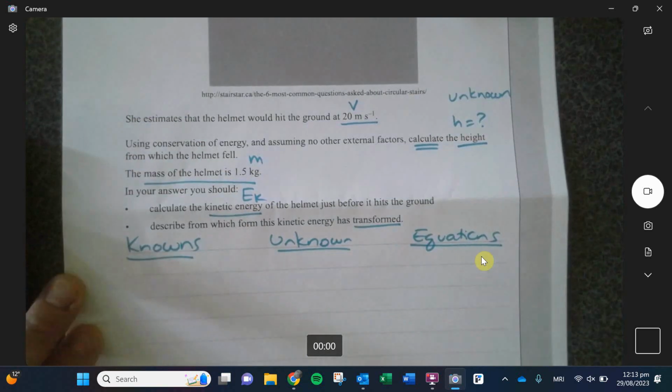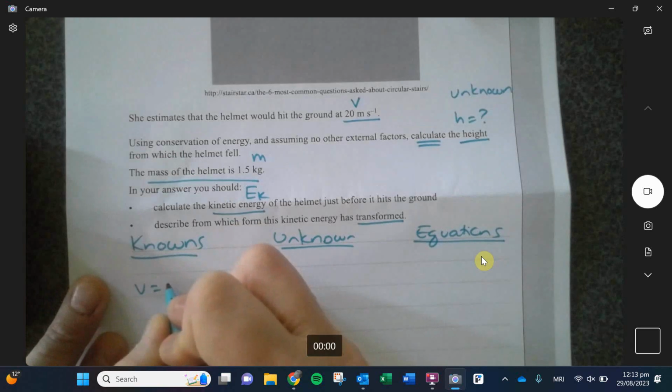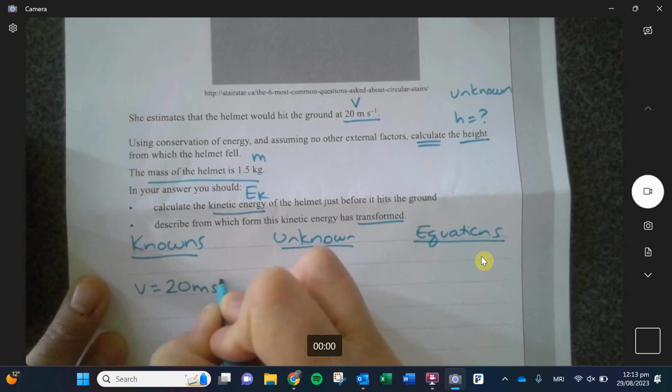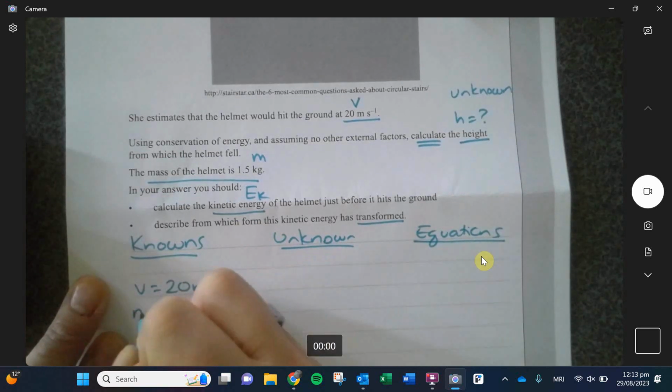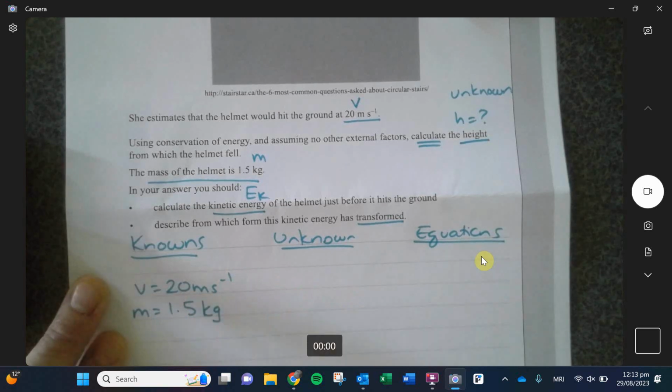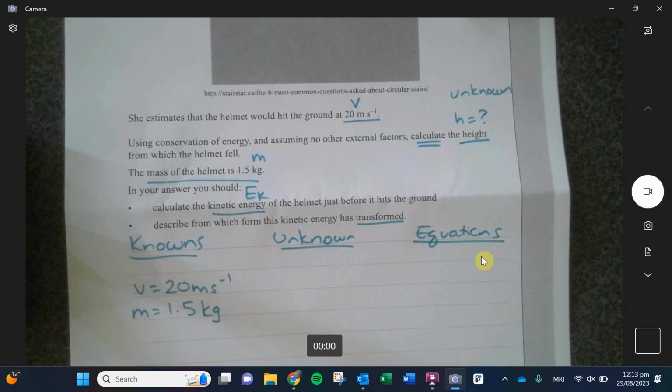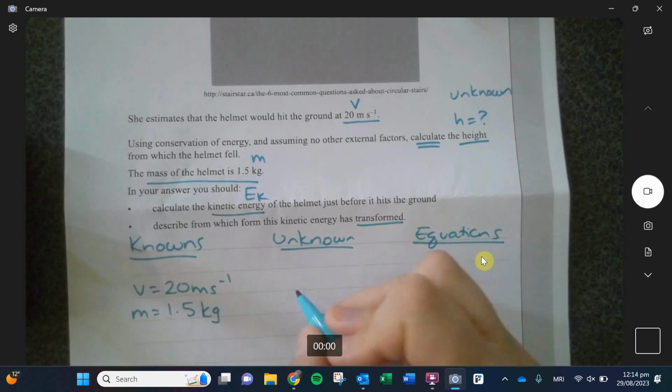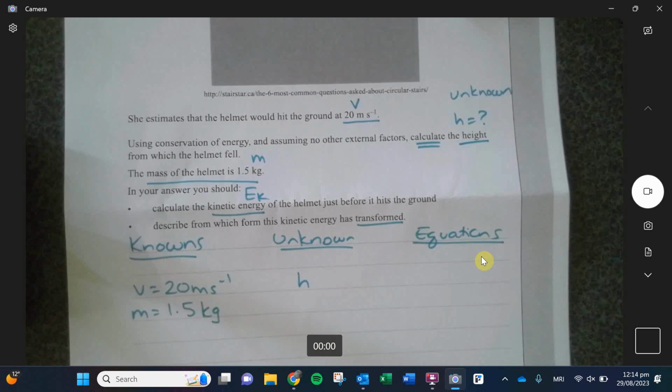So first off, I know that V is equal to 20 meters per second. I know that M is equal to 1.5 kgs. The unknown that I'm trying to solve for is H.